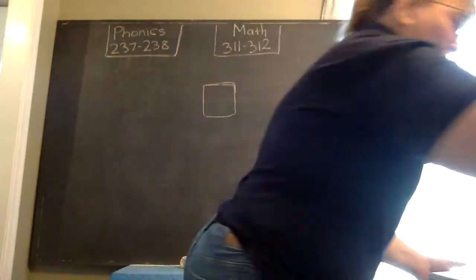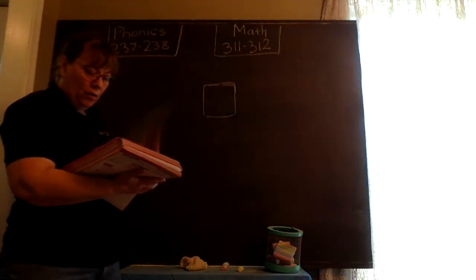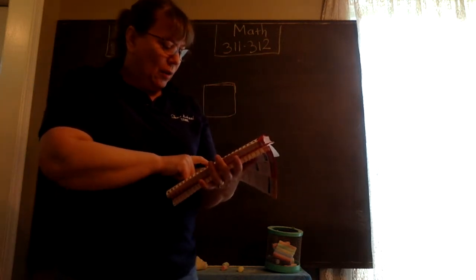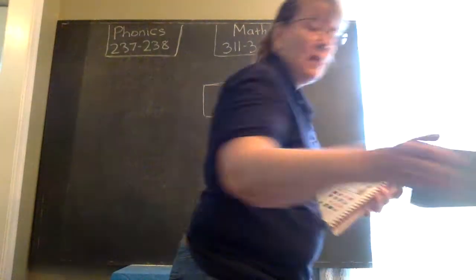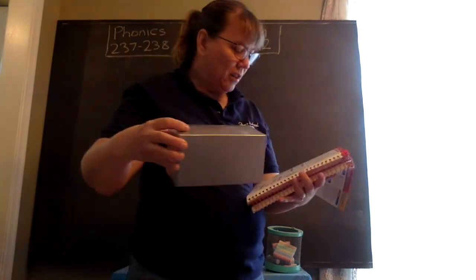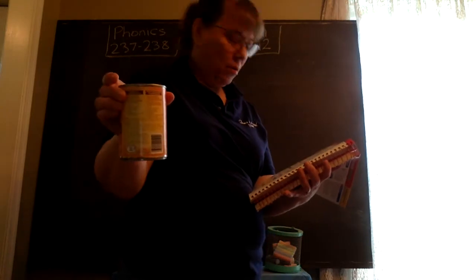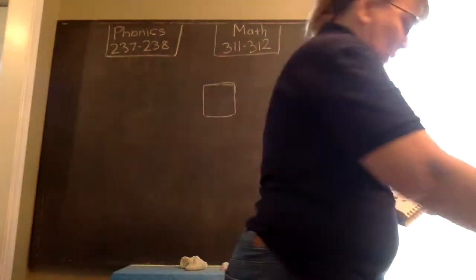It has a square face. My plane shape is a square. Okay? And in the picture, it's showing you how a rectangle is one of the faces on a rectangular prism. We talked about the pyramid. We have the circle on the bottom of our cylinder.